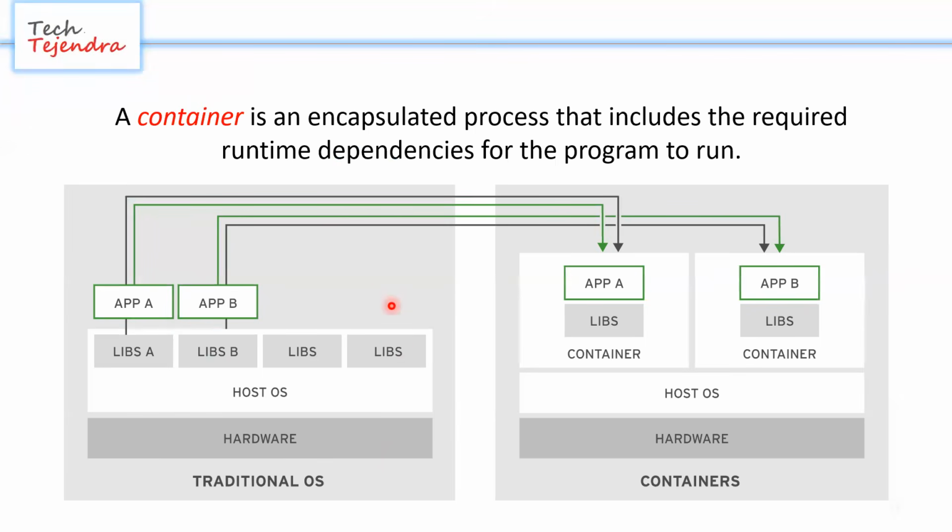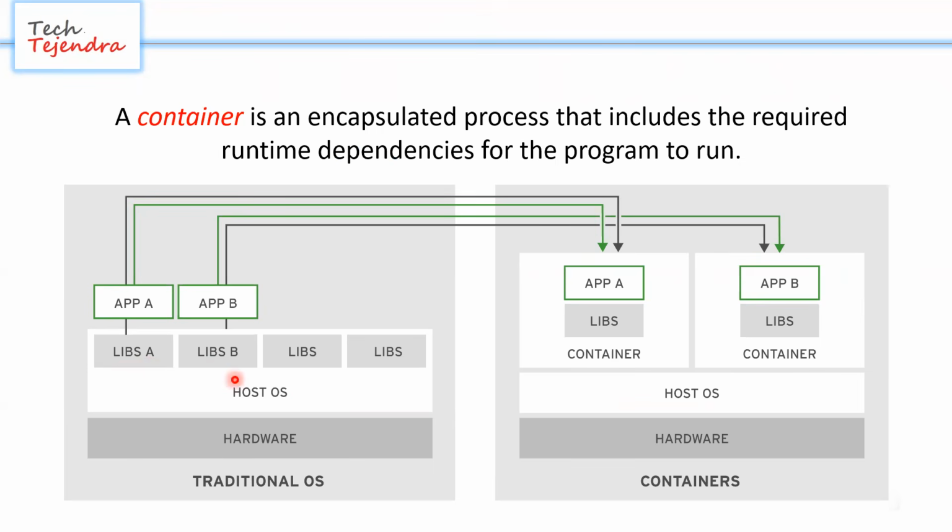Here is how an application runs in the traditional OS. One is your hardware, and above your hardware you have your host operating system like Windows, maybe Linux, maybe Mac OS, maybe Ubuntu, and then you have some set of libraries. If you want to run a Java application, you need the Java libraries.